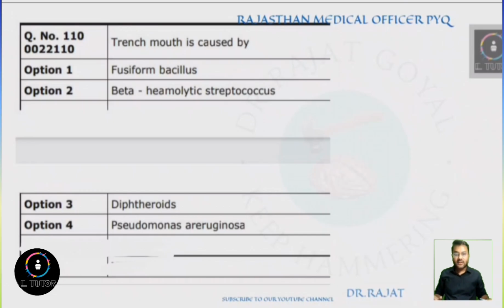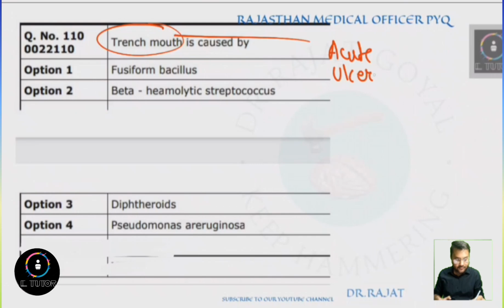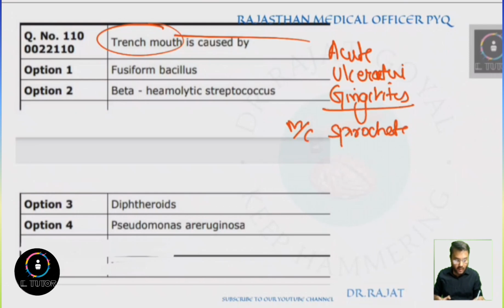So next question is, trench mouth is caused by. So trench mouth is also called as acute ulcerative gingivitis. It is most commonly caused by spirochete, but among the given option, best answer will be fusiform bacillus.